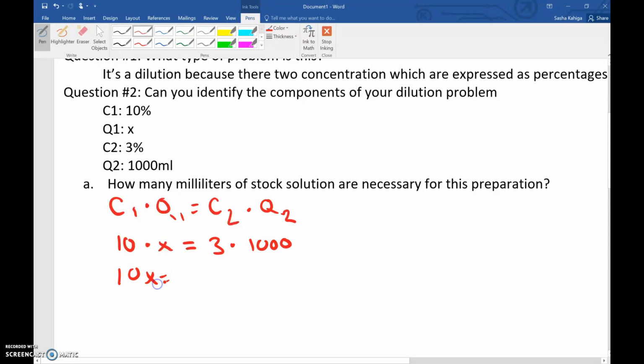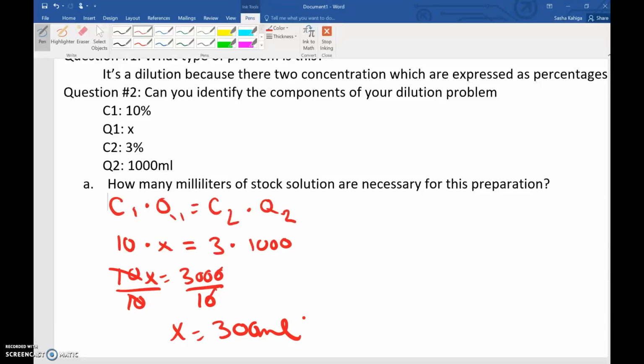That's 10X equals 3,000. You divide by 10 on both sides, and X equals 300 milliliters. You're going to need 300 milliliters of the 10% in order to prepare 1,000 milliliters of a 3%.